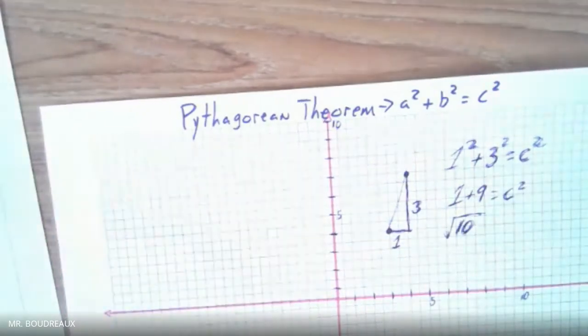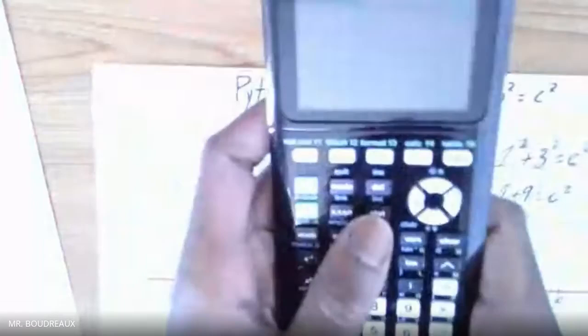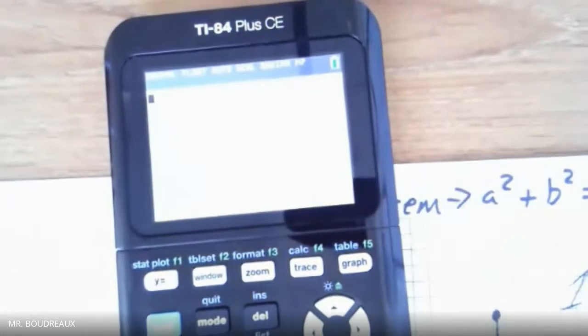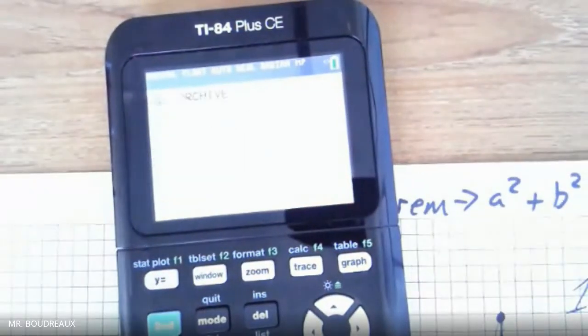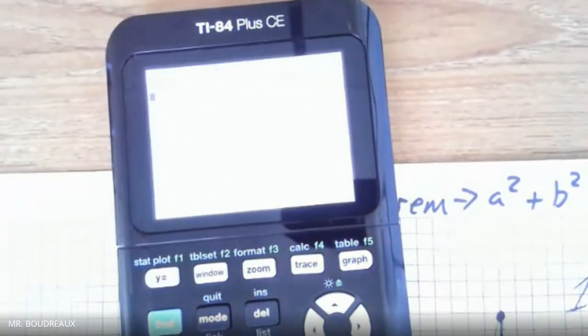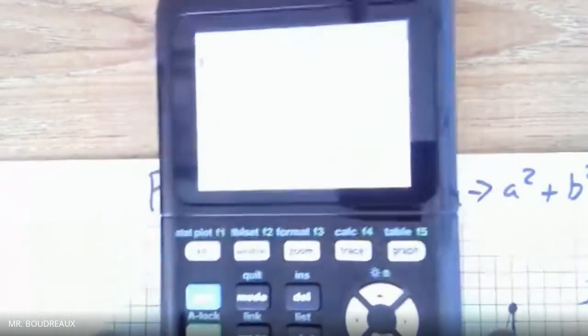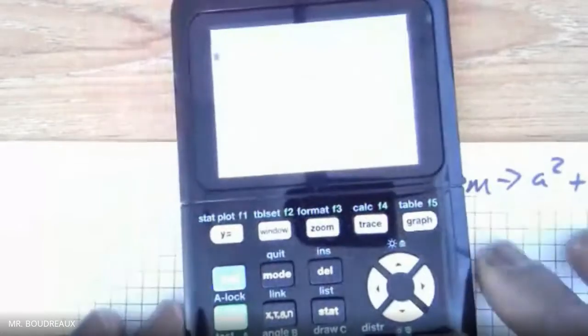square root of 10. Okay, and that's not a perfect square, so you can use your calculator. I don't know if y'all remember how to estimate them, but you have calculators. You get to use them, so let's use them. All right, the first thing you always want to do is clear your RAM, second plus 712. All right. And then you get your sign up there that says RAM cleared. Y'all can't see it for some reason, but it says RAM cleared.